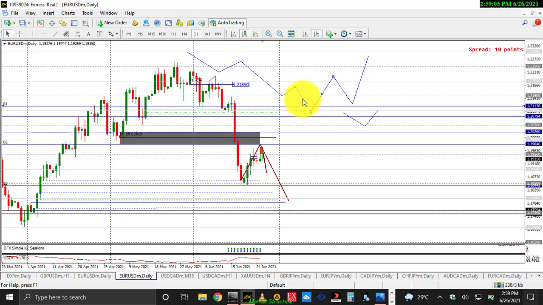So if you have something like this, and then you have a breaking market structure, now over here we expect that price would retrace about 50% for price to move up a little bit.